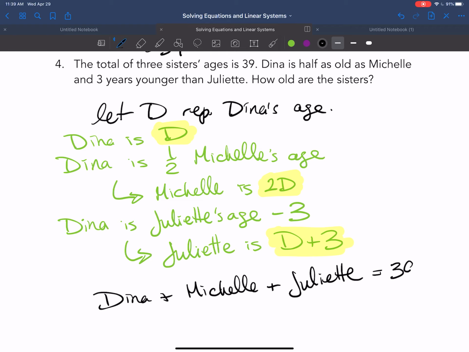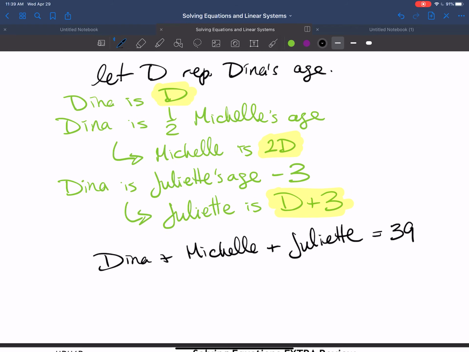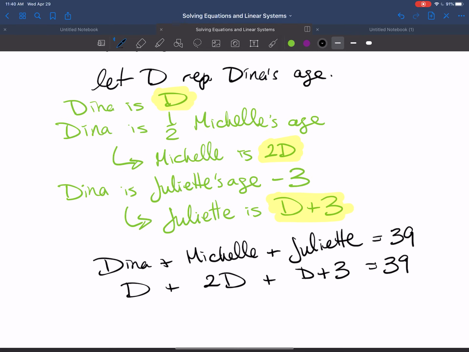I know that that's equal to 39. But now I have 3 different things. I don't know what each one is. But I do know that D is Dina. Michelle is 2 times Dina's age. And I know that Juliet is Dina's age plus 3. So now I've shown all their ages just compared to one of the sisters, just Dina.